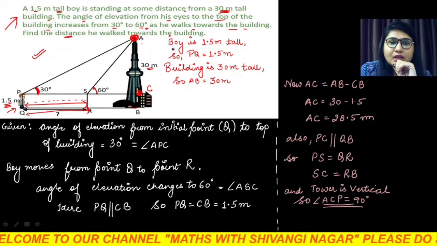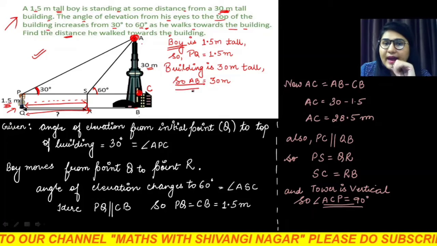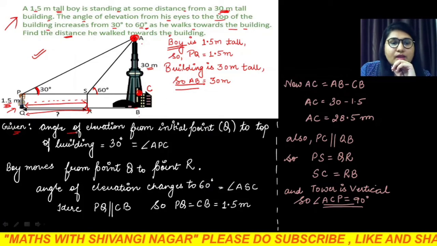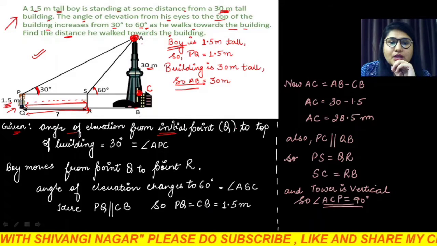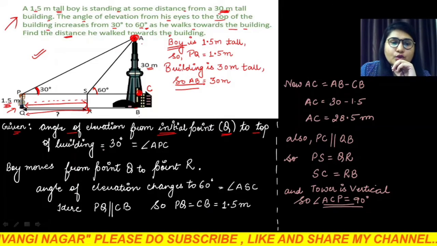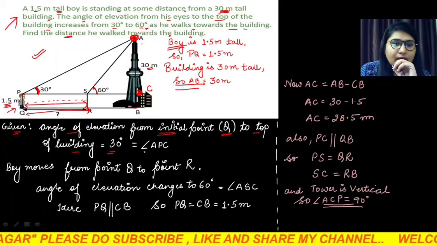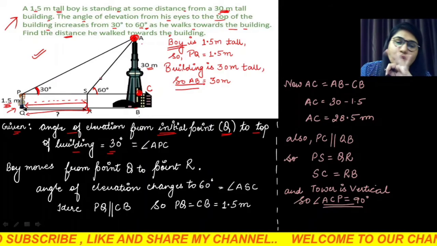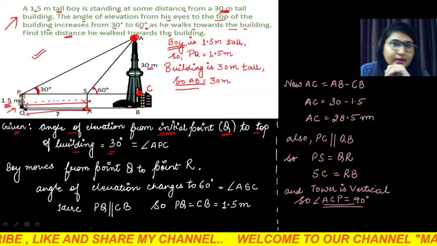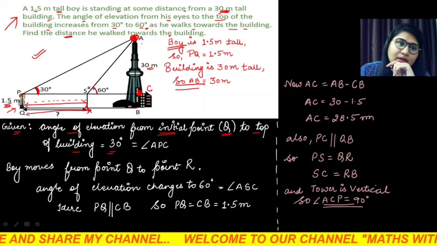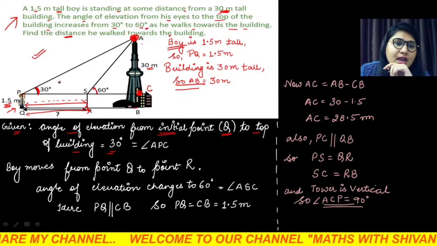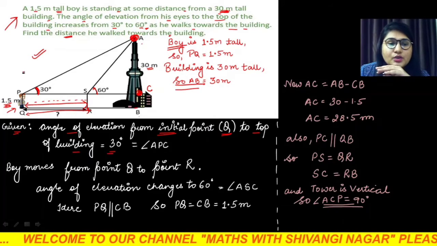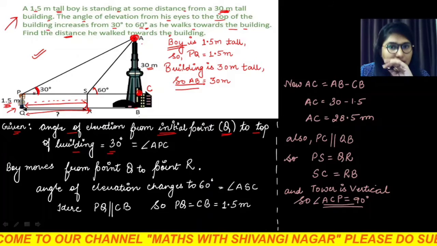The things given to us, I have written here. The angle of elevation from the initial point Q to the top of the building is 30 degree. In this figure we can imagine two right angle triangles. First is APC, the right angle triangle of the initial situation when he was making an angle of 30 degree.